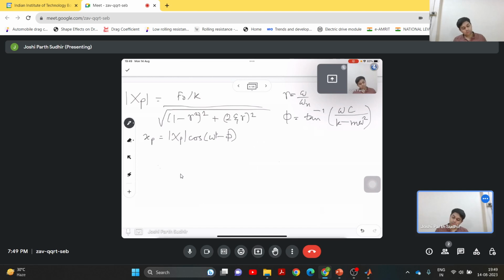And for the solution to the homogeneous differential equation, we can again write it down as a cos omega n t plus b sin omega n t into e to the power minus zeta omega n t.